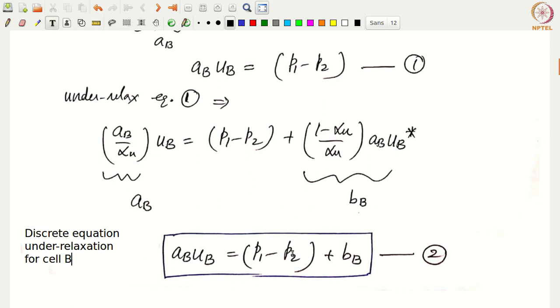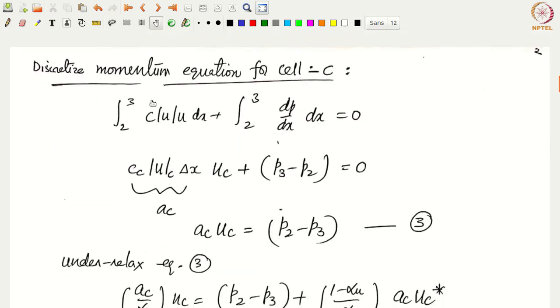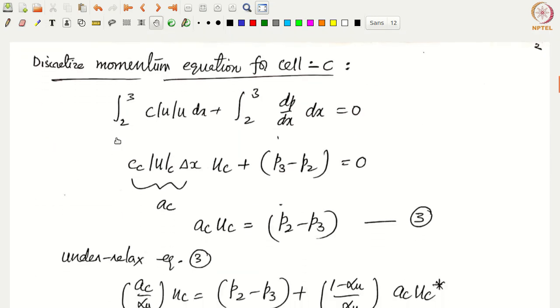Now let us go and discretize the momentum equation for the other cell, that is for cell C. The faces are now 2 to 3: the integral from 2 to 3 of C mod u dx plus the integral from 2 to 3 of dp/dx dx equals 0. Again, the cell centroid value would be C_C mod u_C delta x times u_C, plus integration of this is pressure, that will be P3 minus P2 equals 0.